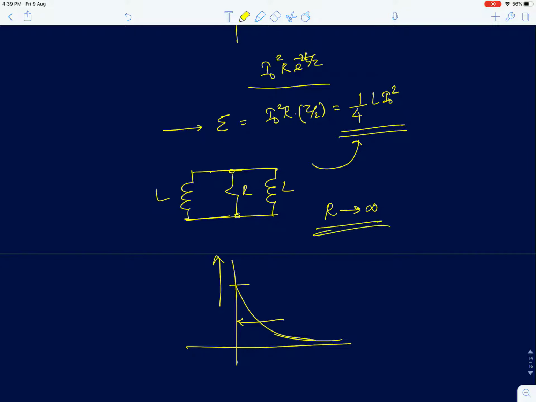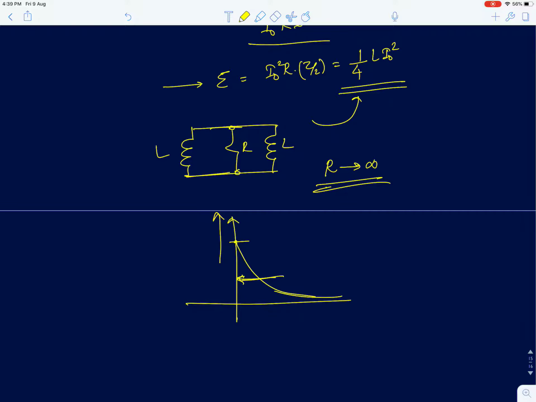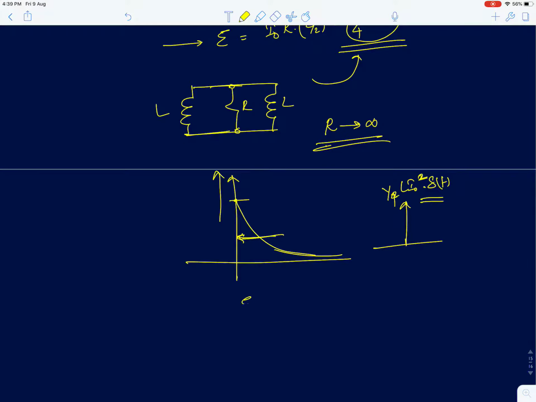When R is infinity, the amplitude of the power will also be infinity, and this function is going to approach 0, but the area is constant, which is 1 by 4 L I0 square. So it will tend to an impulse of value 1 by 4 L I0 square into delta of t. That's going to be your power, and the energy is always going to remain constant irrespective of the value of R.